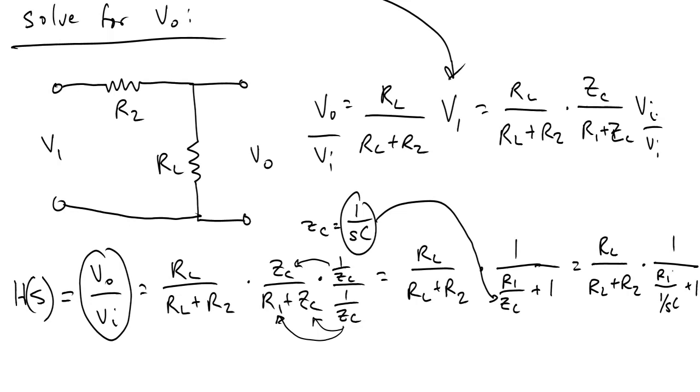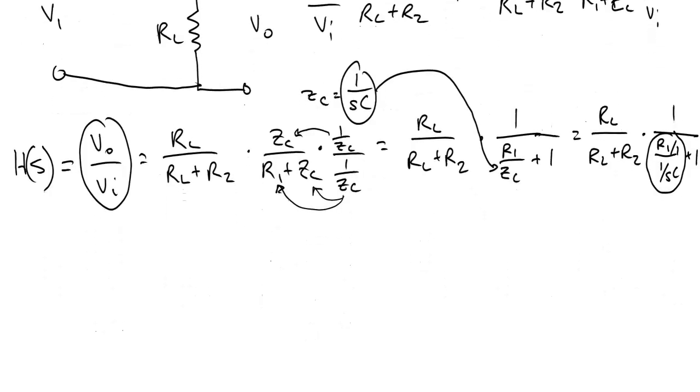And then this term here, we know that R1 is over 1, so we can multiply by the reciprocal and get a proper fraction out of there.